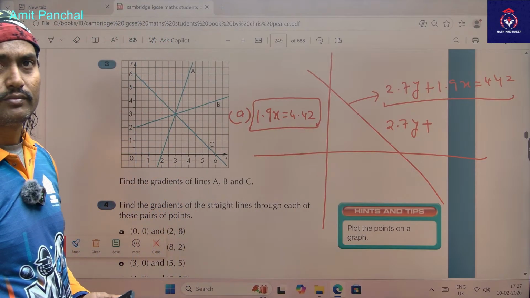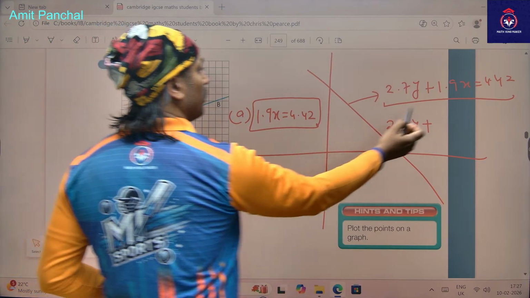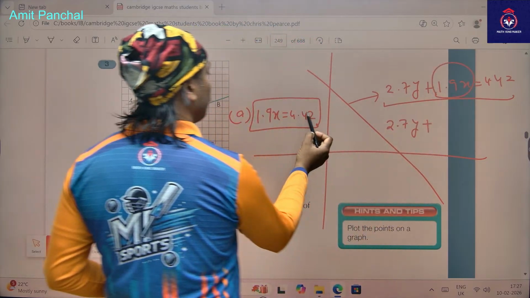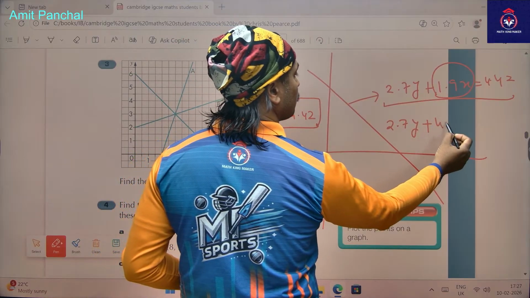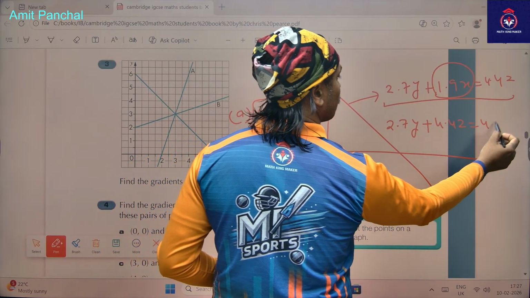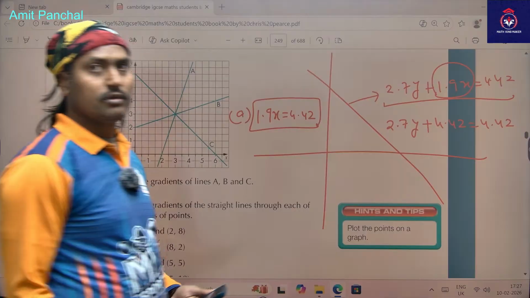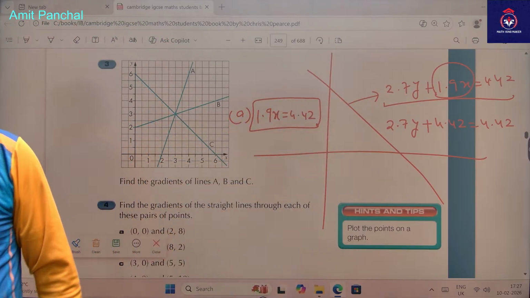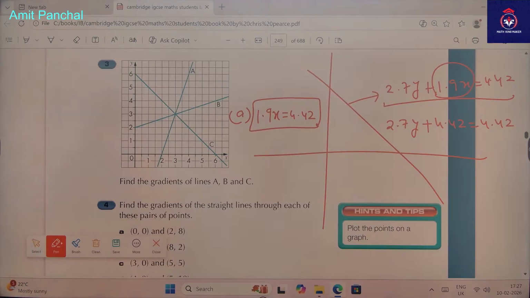Sir, can you show me how? Okay. So in place of 1.9x, we'll put 4.42, because we have to solve these two equations. Okay. Got it.